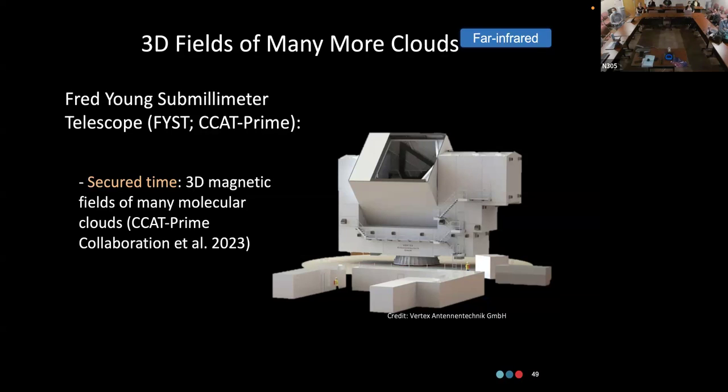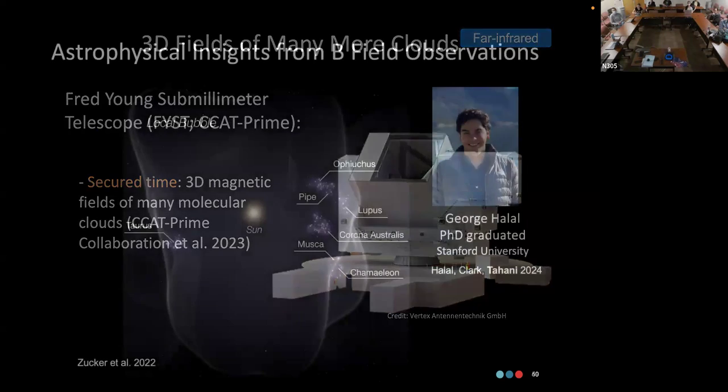One of the observations that I'm passionate about is with the Fred Young Submillimeter Telescope, or CCAT-prime. We've already secured time to observe and reconstruct the 3D magnetic fields of a number of molecular clouds within the CCAT-prime collaboration. And the galactic polarization group is actually led by Laura Fissel as well.